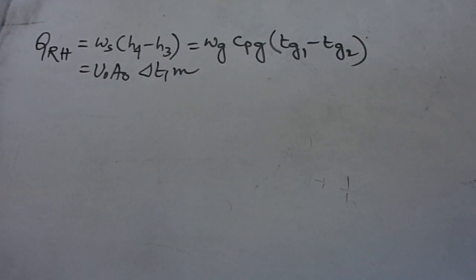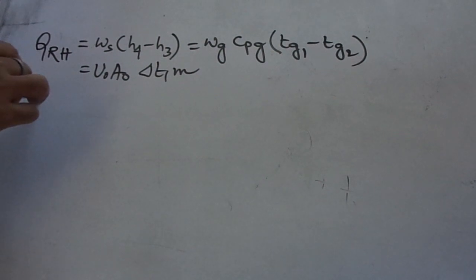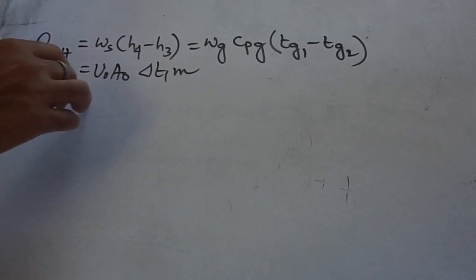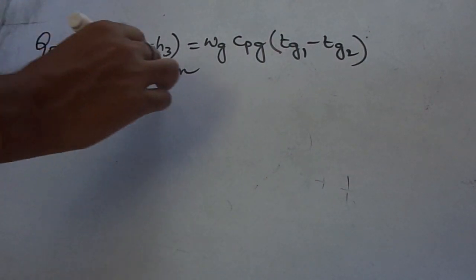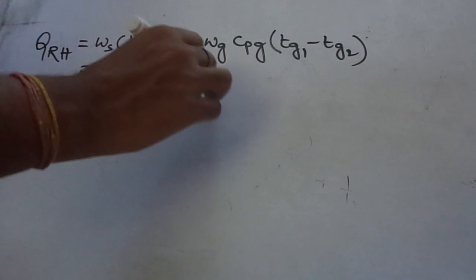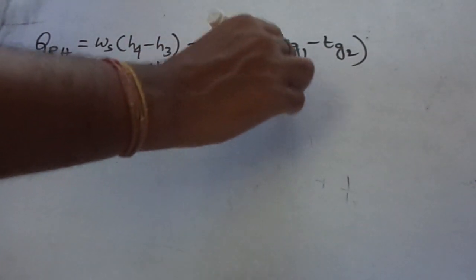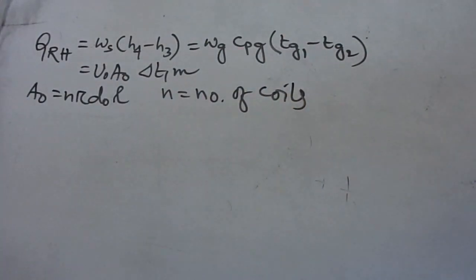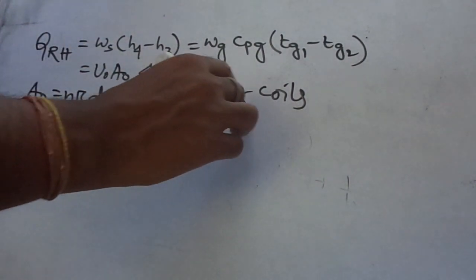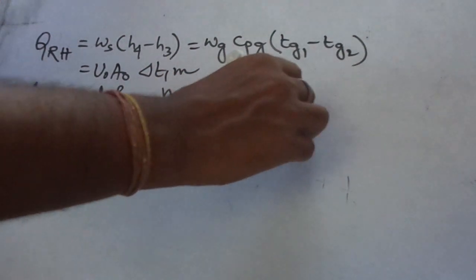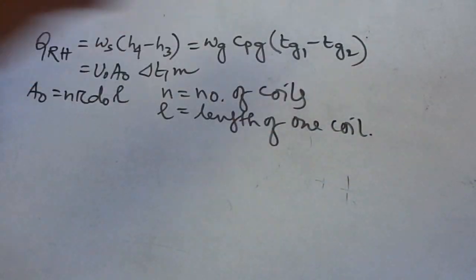A0 is equal to N pi D0 L, where N is the number of coils and L is the length of one coil.